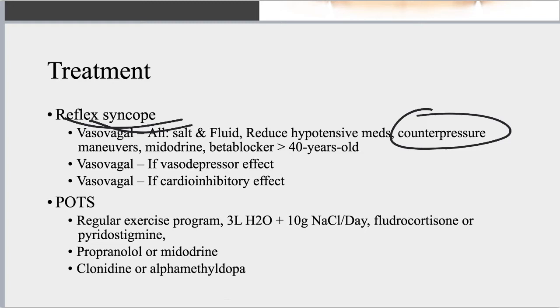For vasodepressor reflex syncope, the counterpressure maneuver is the answer. For cardioinhibitory reflex syncope, it is not going to be as helpful. So this goes off of the basic knowledge that you typically have a prodrome with neurological causes, and you don't have a prodrome with cardiovascular causes.